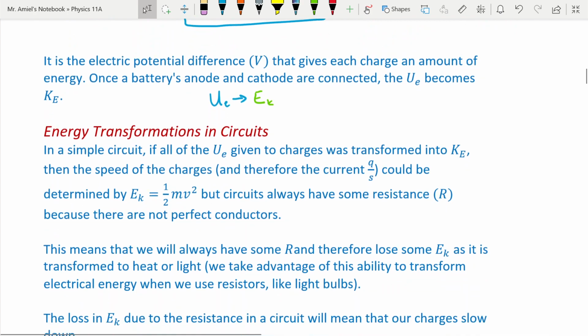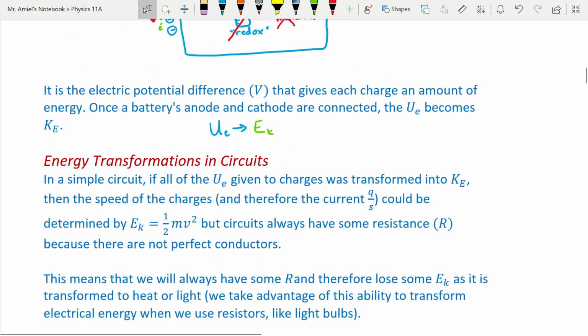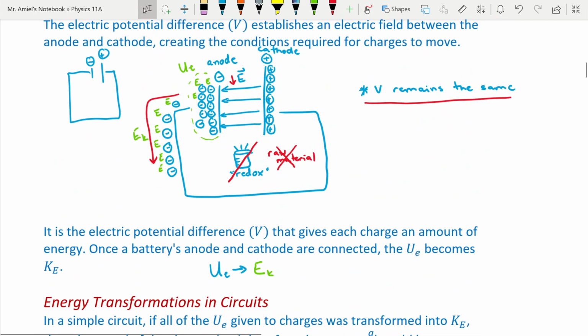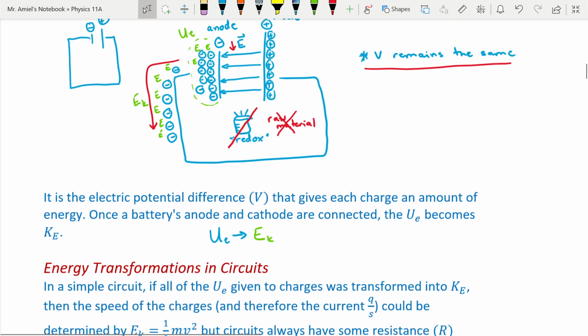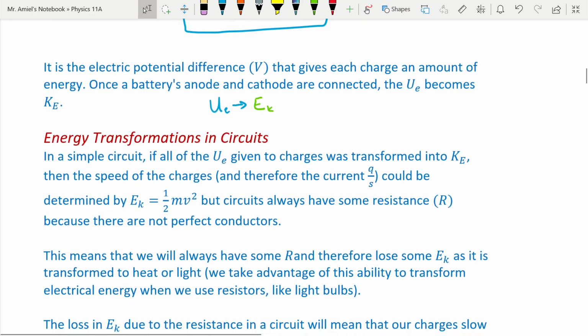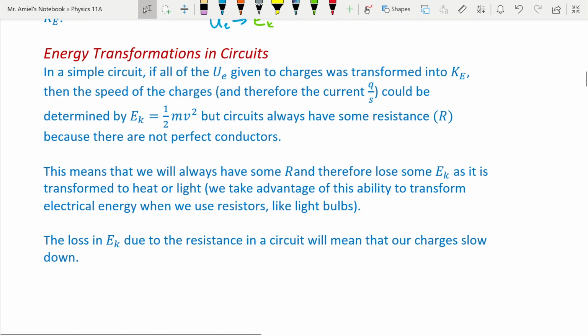Okay, that's great. This is really important for us. It's nice to know where that energy is coming from. It's coming from this electric potential difference. This is giving our charge the ability to move. We know where it's coming from now, and now we can start looking at some interesting things related to power as well as Ohm's law.